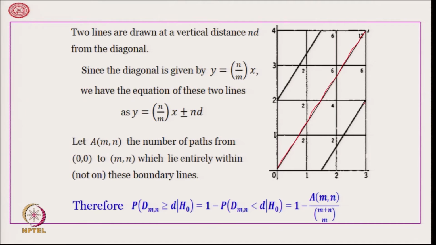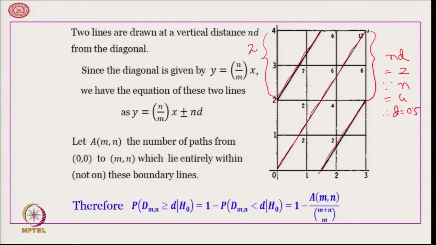Here we have drawn two lines, one is this and the other is this one, and this vertical distance is equal to n d, which we can see from this graph is equal to 2, since n is equal to 4, therefore d is equal to 0.5, and you can see that here also the distance is 2.